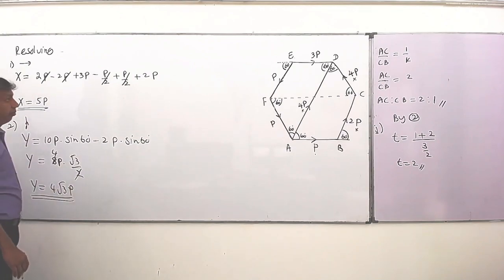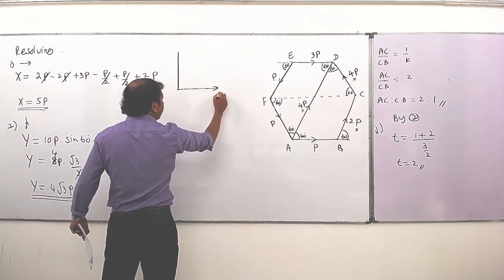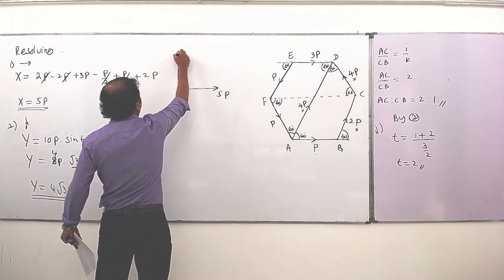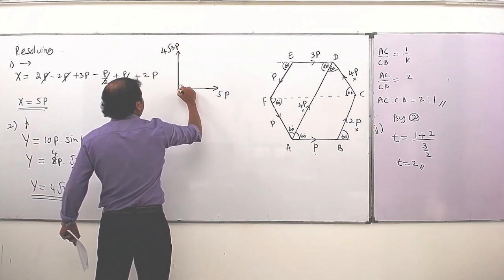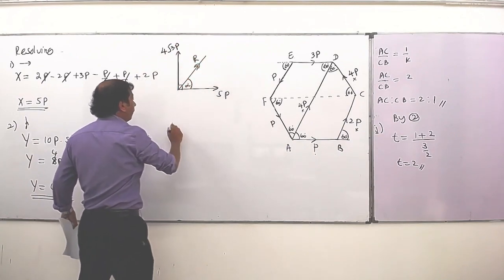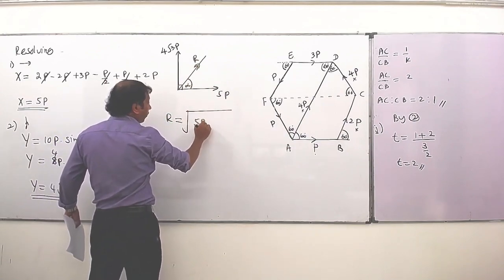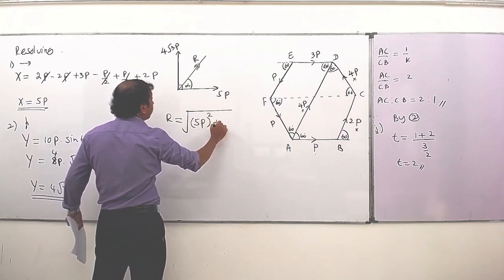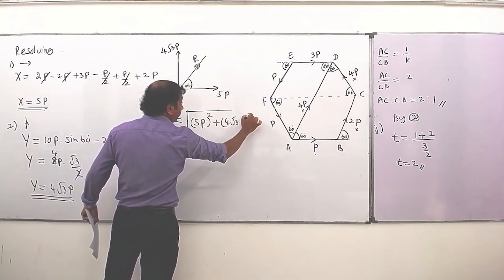Now the resultant can be found this way. X is 5P. Y is 4 root 3 P. Resultant R. This is alpha. R can then be found: 5P perfect squared plus 4 root 3 P perfect squared.